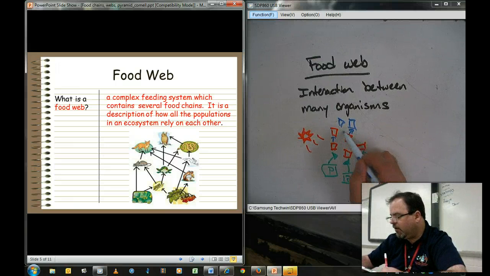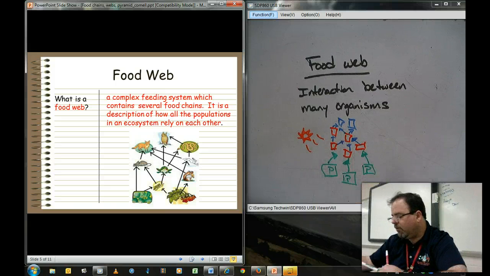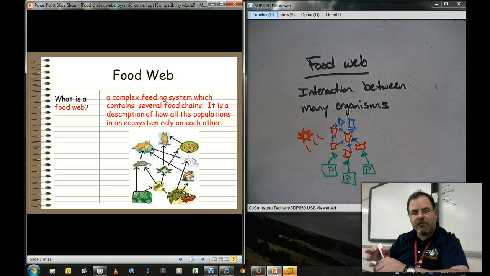But all these little interactions can go lots of different ways, so it really becomes a web of energy flow throughout it. So that's a food web.